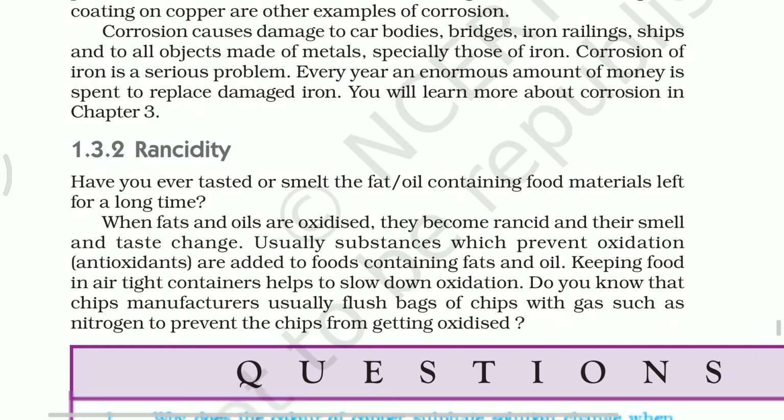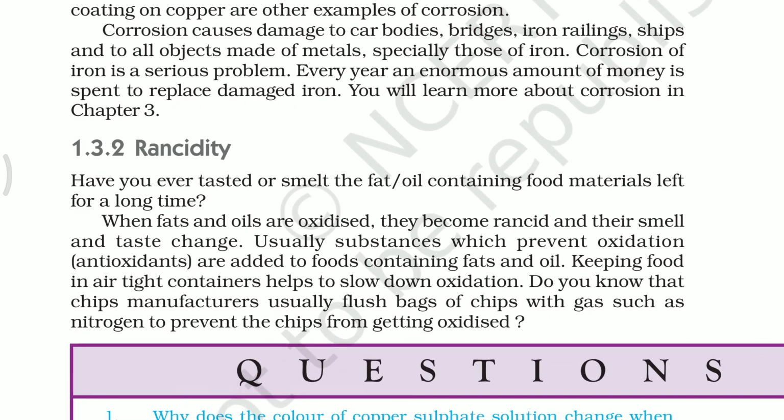Next, rancidity. Have you ever tasted or smelled fat or oil containing food materials left for a long time? Yes, they become rancid.